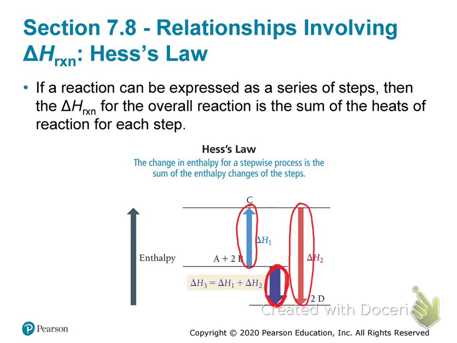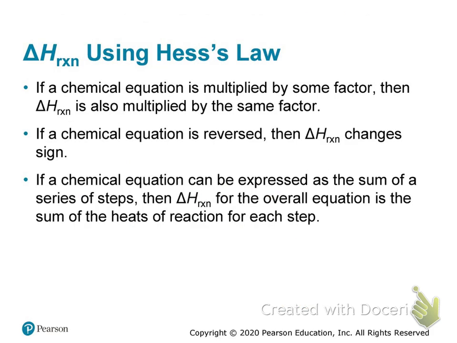We may not know what the third process is, but we can use the first process and the second process to figure out the third. Example. The example is coming on the next slide.